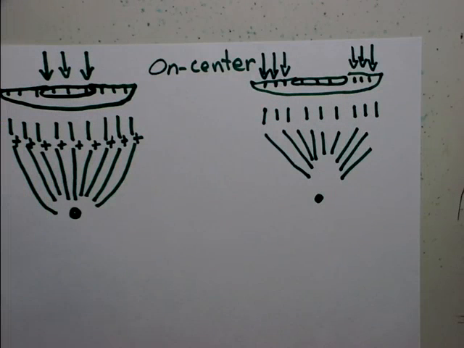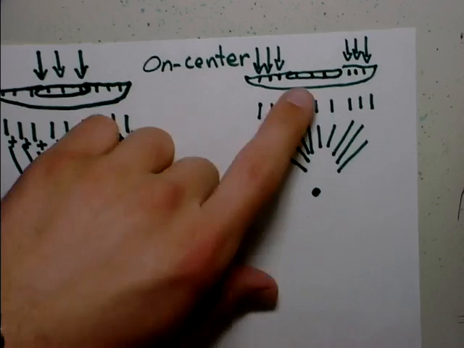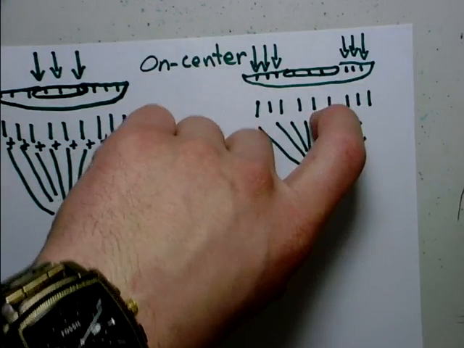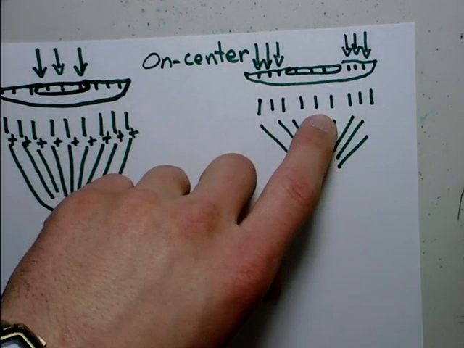So, with on-center, basically, on bipolar cells are turned on by light. Off-center bipolar cells are turned off by light, which means they're on in the darkness. So, on bipolar cells are off in the light.